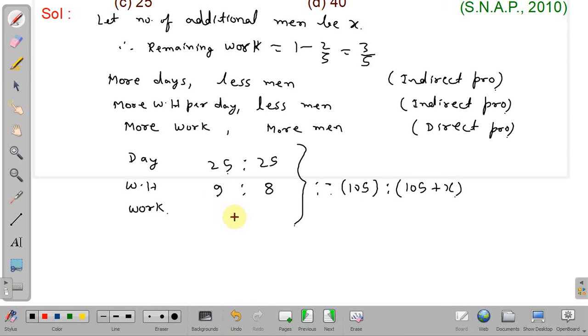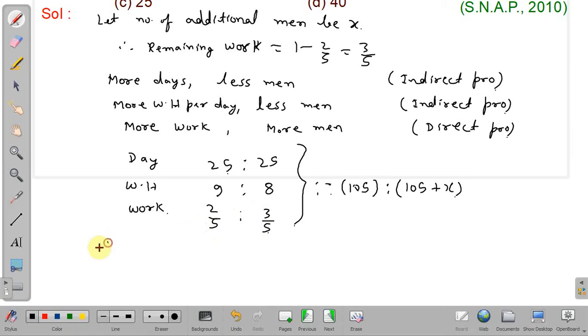As more work, more men, work is directly proportional with respect to men. So when 105 men are working, amount of work done is 2 by 5, and when 105 plus X are working, amount of work is 3 by 5.